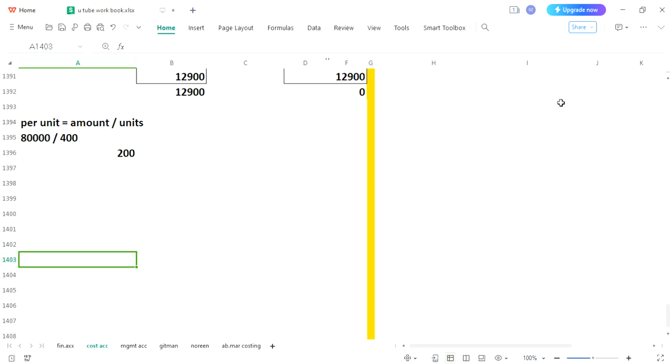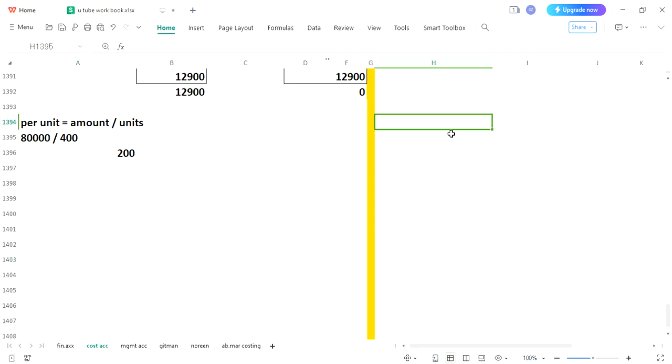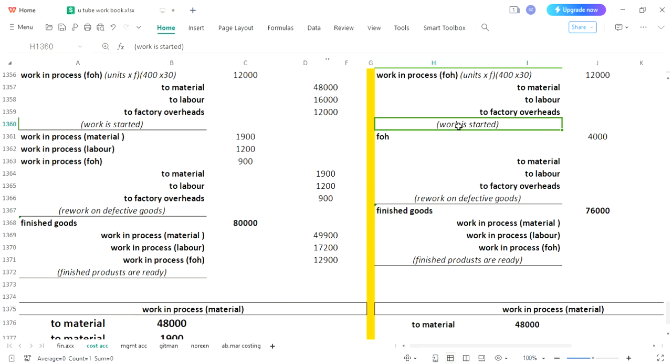Now for the second part, you will be doing the same thing. Per unit cost, as you know, would be calculated by taking the amount first, and then dividing it by the number of units. The amount of finished goods in case B was 76,000.